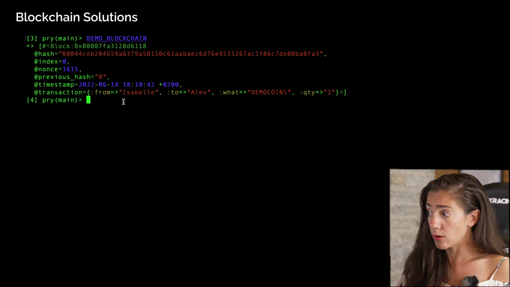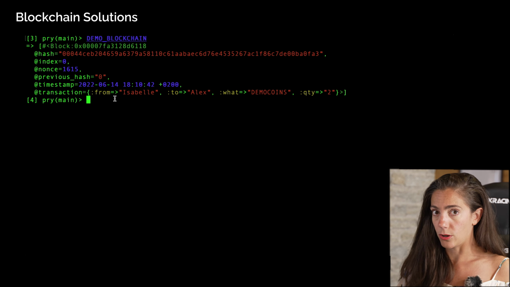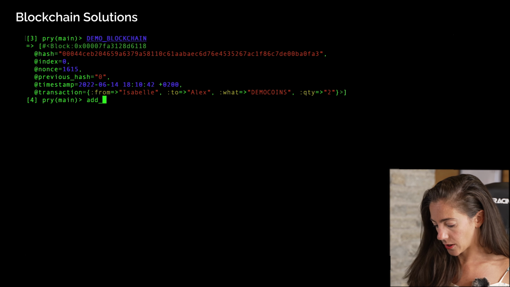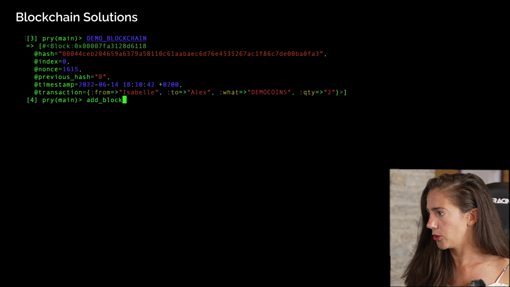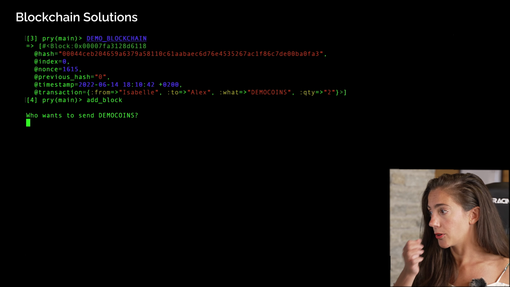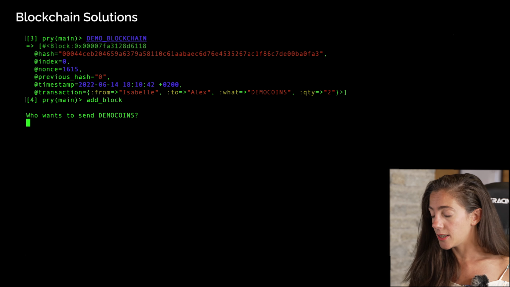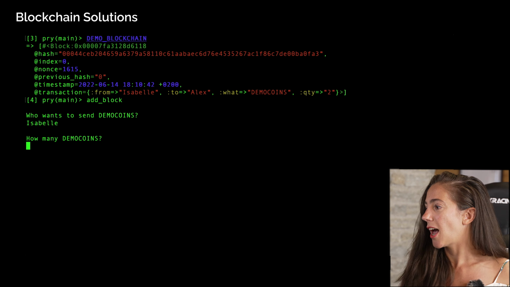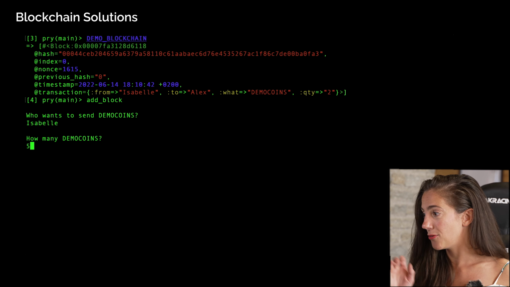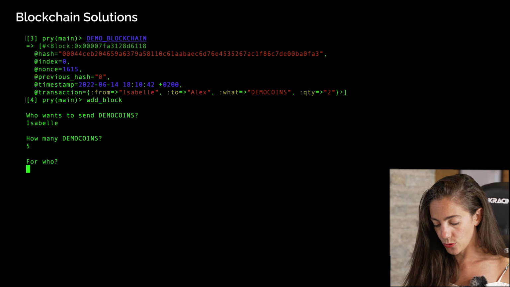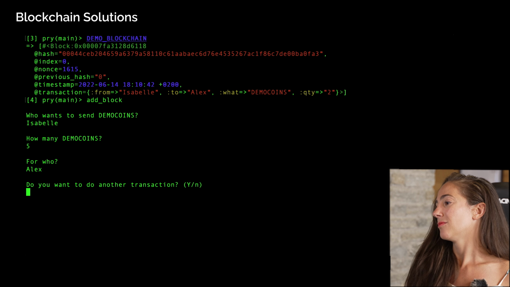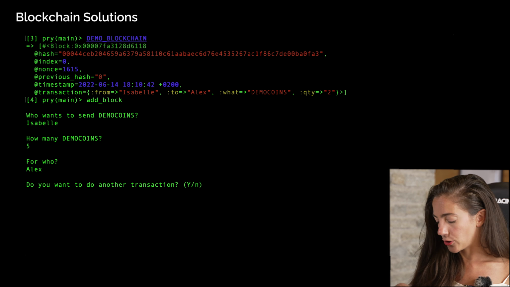So now we are going to build a new block. To build a new block, I've created a function add block. So let's say, who wants to send demo coin? Let's say it's me again, Isabel. I want to send, let's say, 5 demo coins to Alex. Do I want to make another transaction?